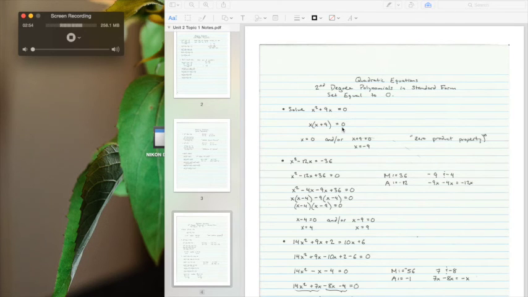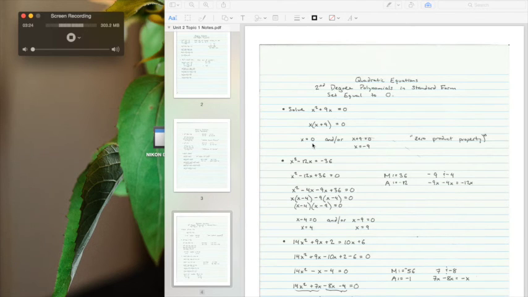So the idea here is that one of these terms, either the x or the x plus 9, or both, I suppose, has to equal 0 in order for this side of the equation to multiply to equal 0. Okay, that's the big concept that makes this method of solving quadratic equations work. So when I look at this, I know that either x equals 0 and/or x plus 9 equals 0.